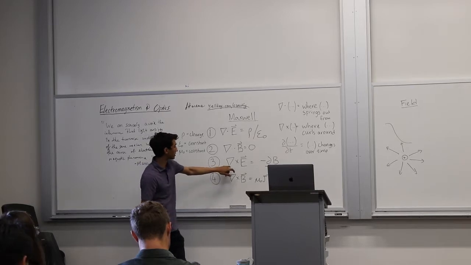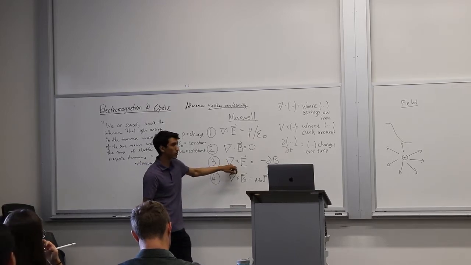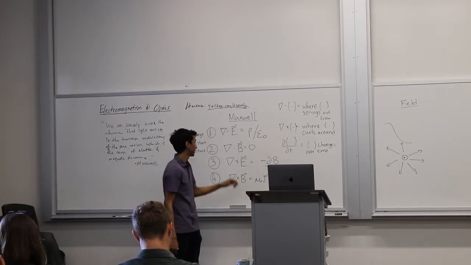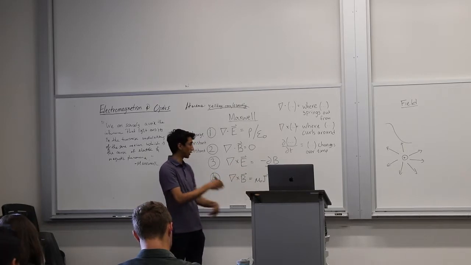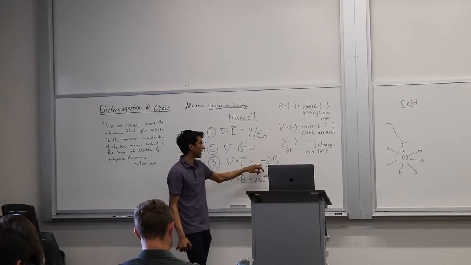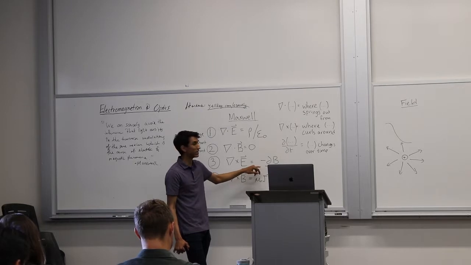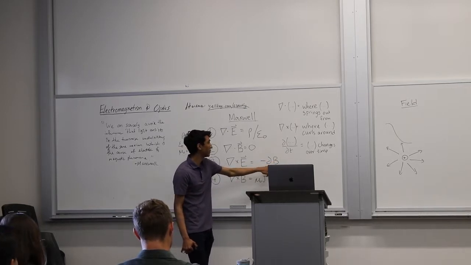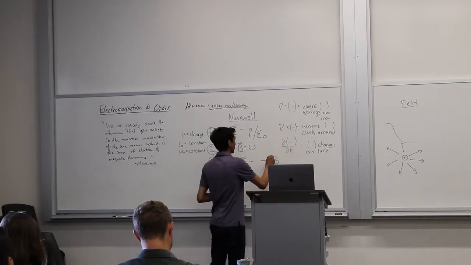The third equation says where the electric field curls around, or where the electric field twists, is where you're going to see a change in the magnetic field over time.